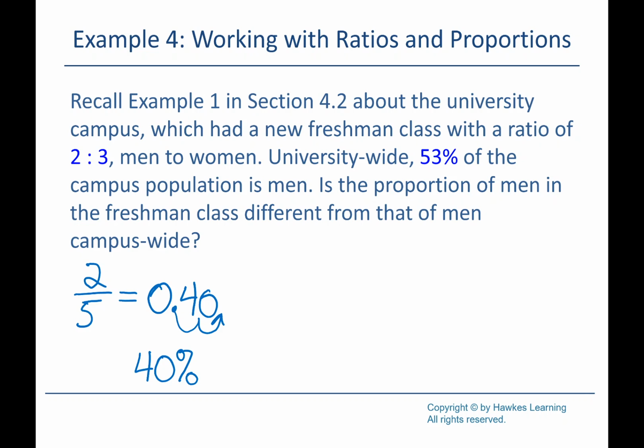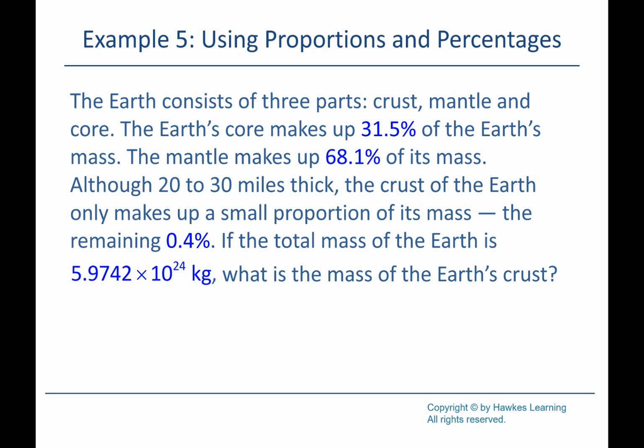Okay, one more. You don't have to calculate this one. This is just kind of mind-blowing. So look at this one. We'll be done. All right, so a little science review. The Earth's got 3 layers: crust, mantle, and the core. And it gives us the percentages.